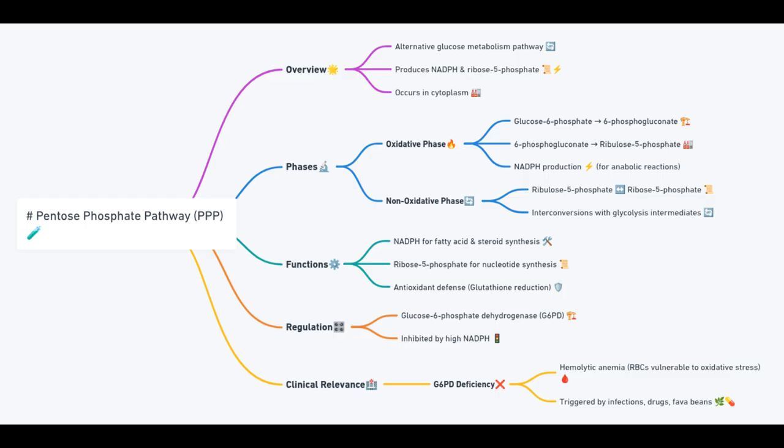Alright, so let's try and understand how the pentose phosphate pathway produces the NADPH for biosynthetic processes, ribose 5 phosphate for nucleic acid synthesis, and several other intermediates that can be shuttled into glycolysis.